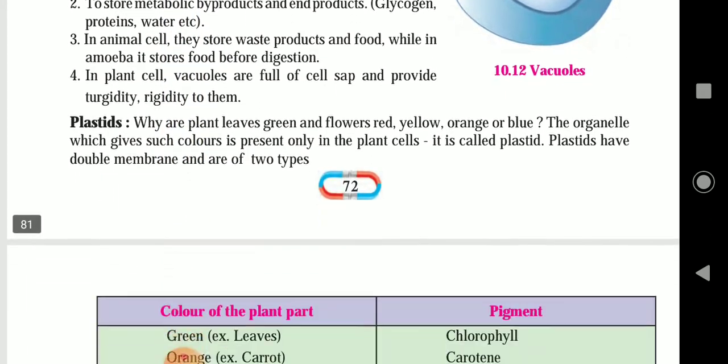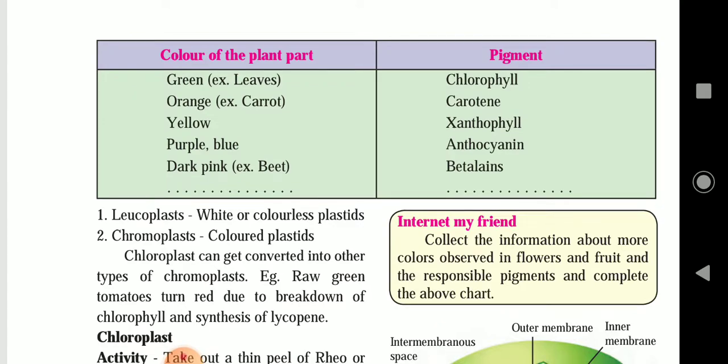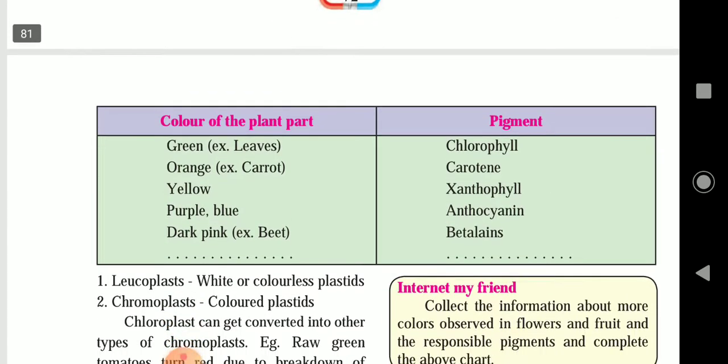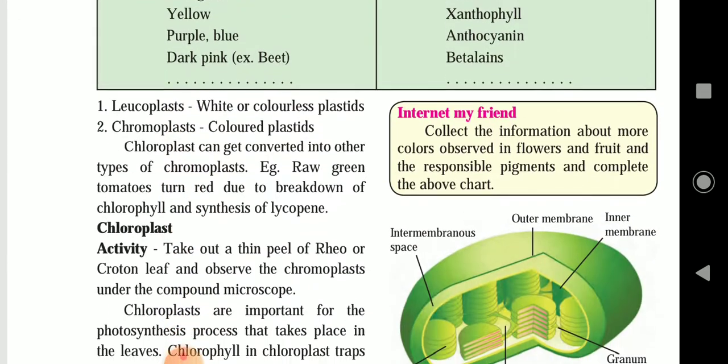Vacuoles, plastids. These are the plastids which are present in the plant, and are important for the plant, or are necessary pigments, helping with the color of the flowers and leaves. So different colors are because of different pigments, and all these are called plastids.